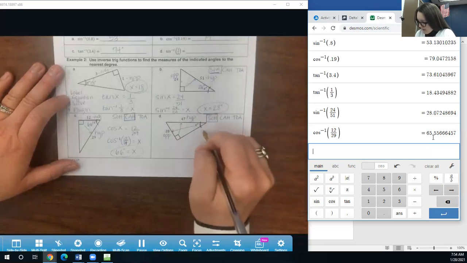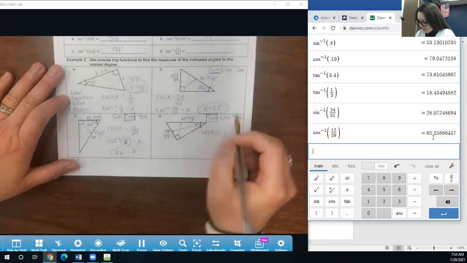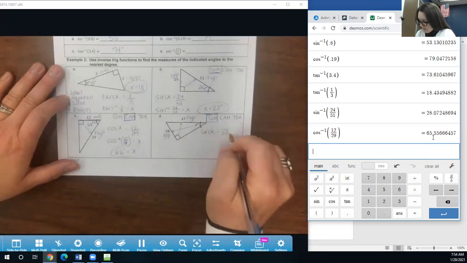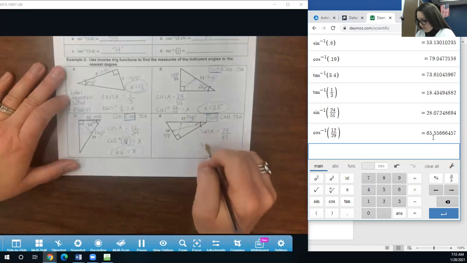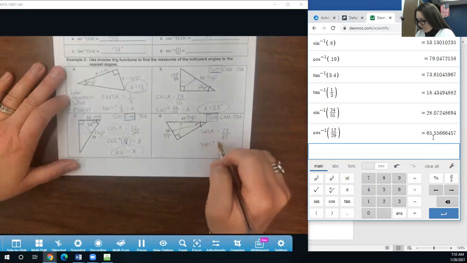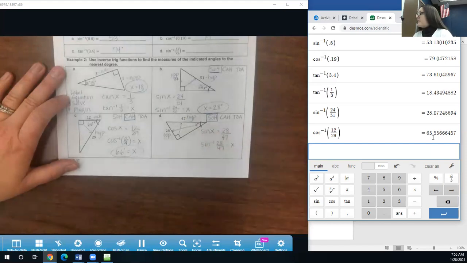So we're going to do sine, always of the angle x, equals opposite value 28 divided by hypotenuse value 47. Since we're looking for the angle, we're going to use our inverse sine of 28 divided by 47 equals x. Plug it in our calculator.